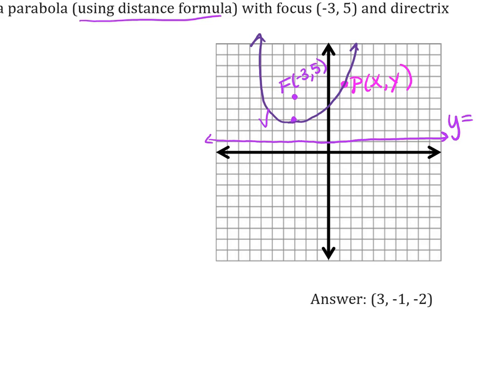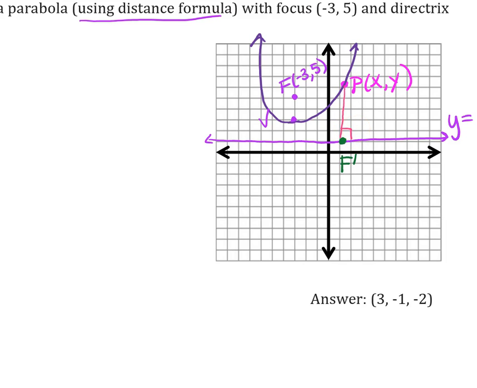Okay, so now what I'm going to do is create or find the point that's going to be on the directrix, and this is what I'm going to call F prime. So it's going to be the point directly below P. Because I'm going directly below it, if I were to measure this distance, it's going to be perpendicular.